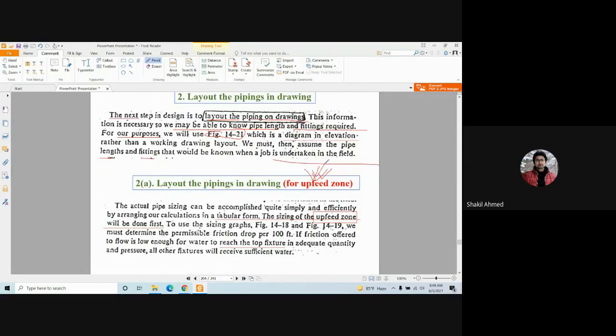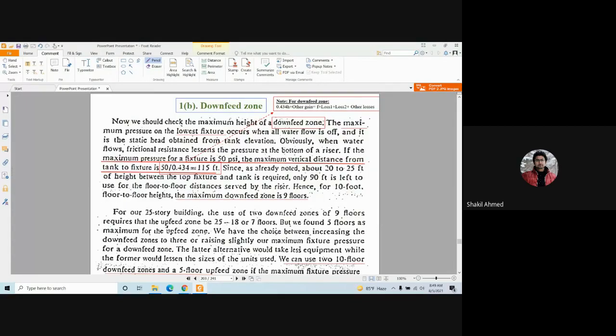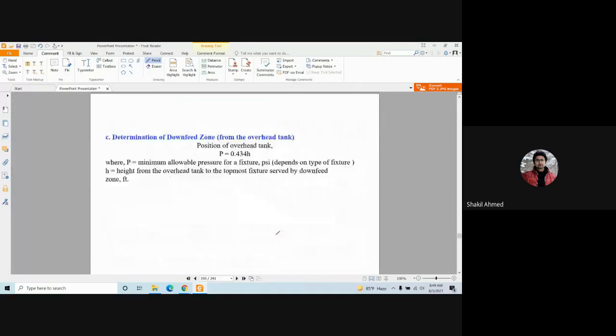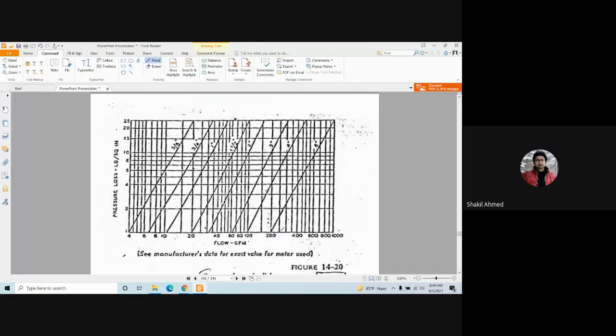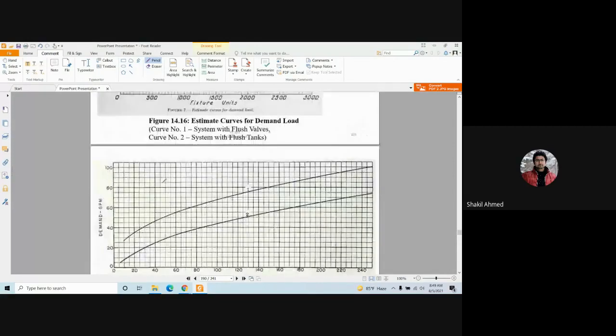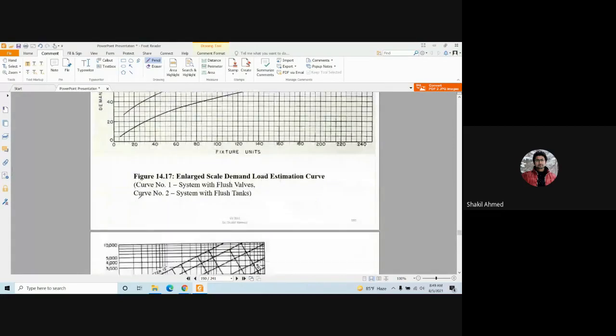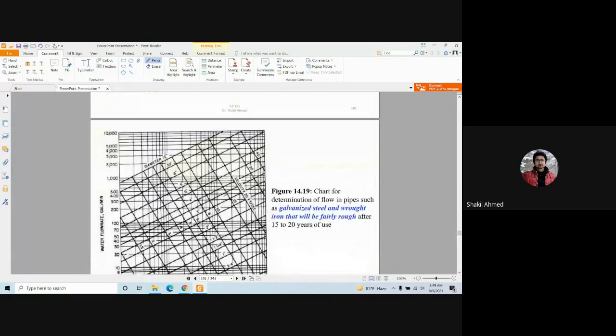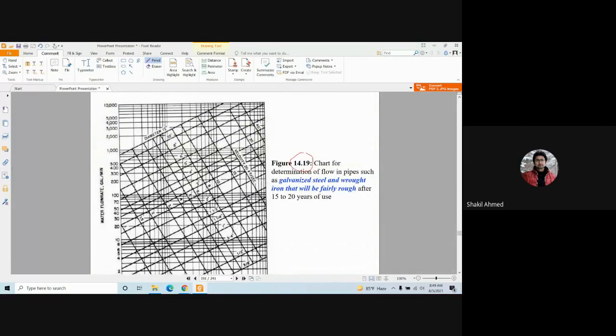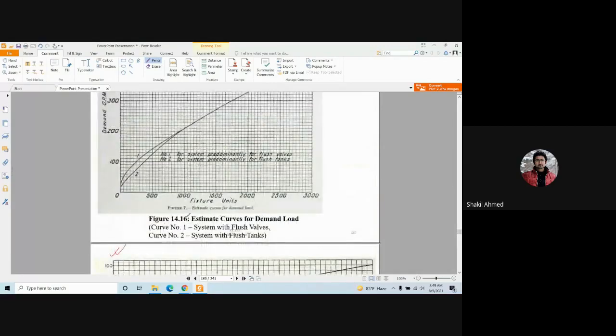To use the sizing graphs, figure 1418 and figure 1419, we must determine the permissible frictional drop per 100 feet. Look at these figures, figure 1418 and figure 1419.